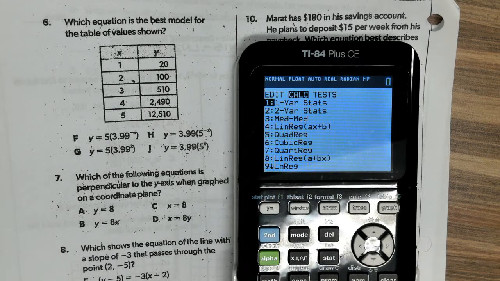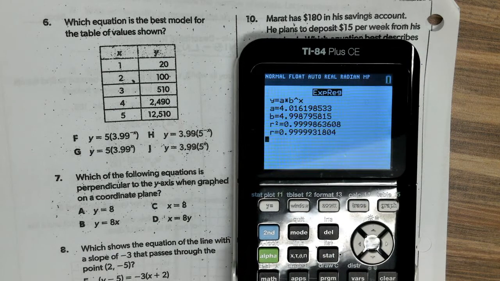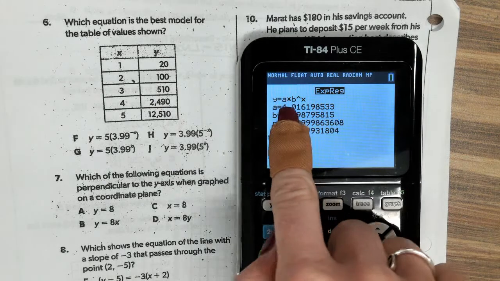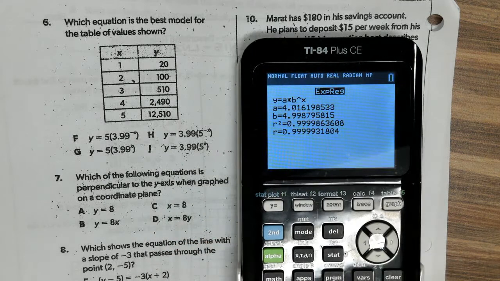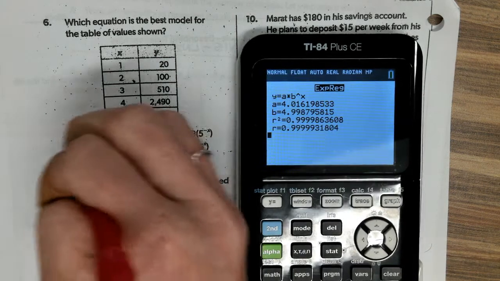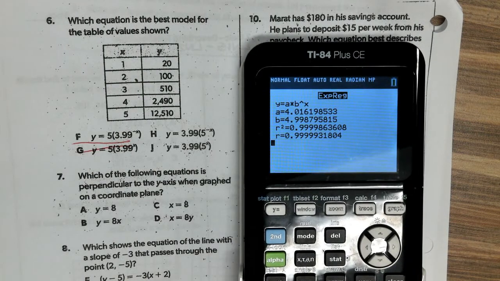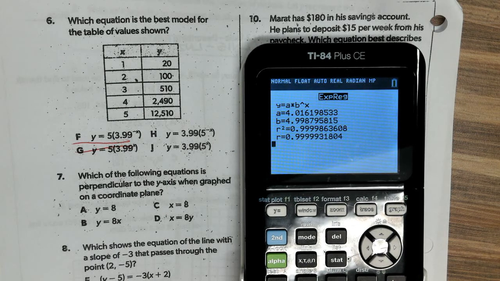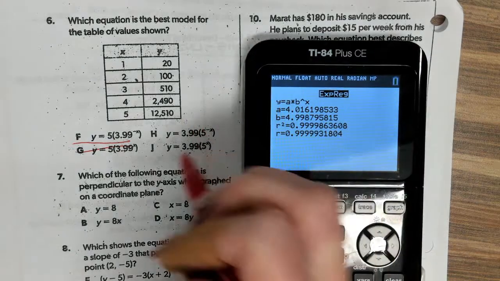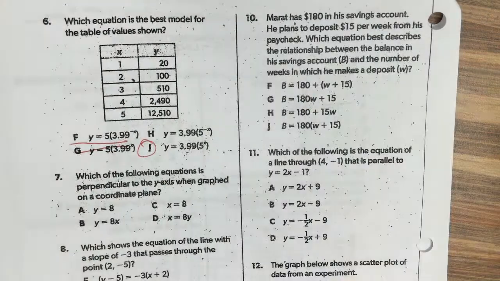So stat, calc, 0, and there's your answer. Okay, my first number is 4, so which answers are closest to it? H and J. And then in the exponential equation do you ever have that negative exponent? No. So the answer was J.